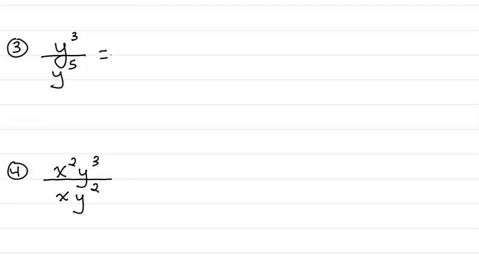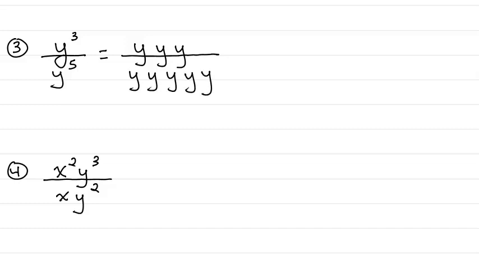So here's y to the 3rd over y to the 5th. And let me do it the long way first. Y, y, y, over y 5 times. Cancel.